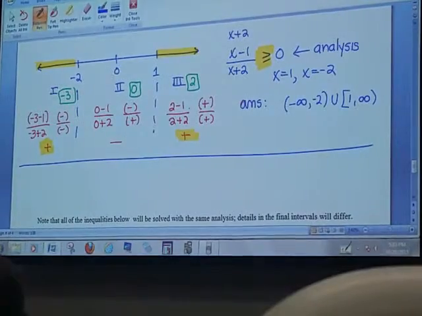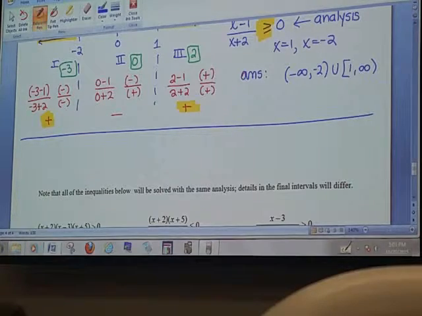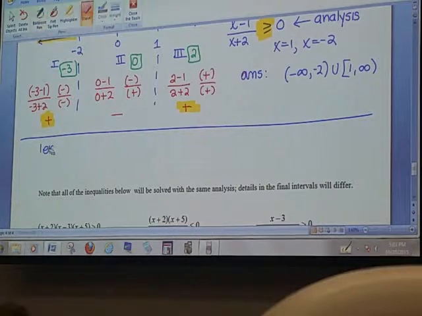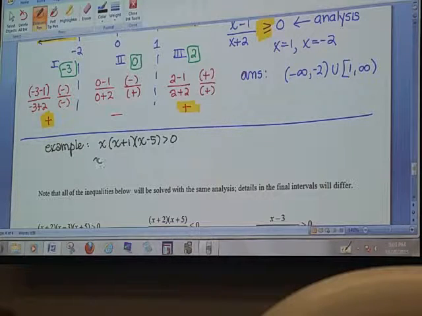Let's say you had something kind of like this. That single x is going to mean x is 0, or it's -1, or it's 5.